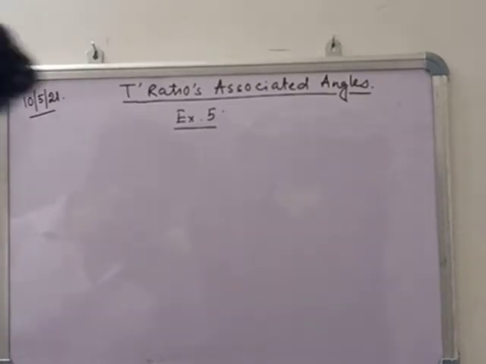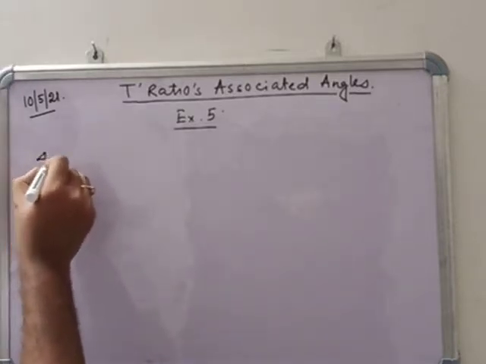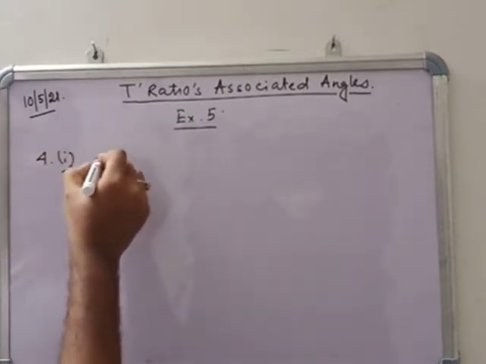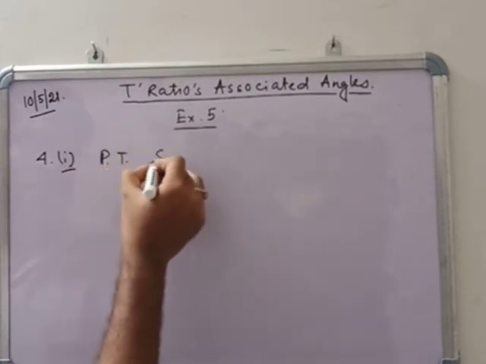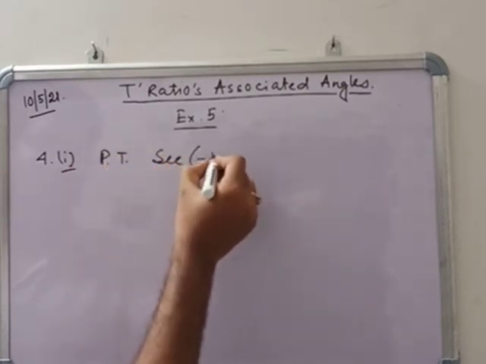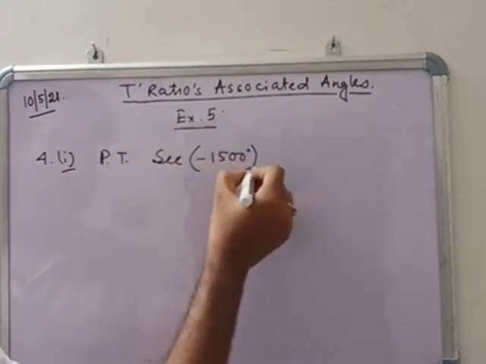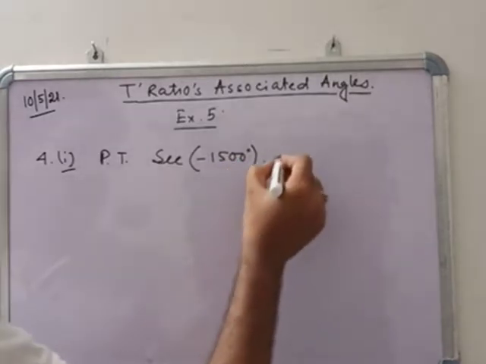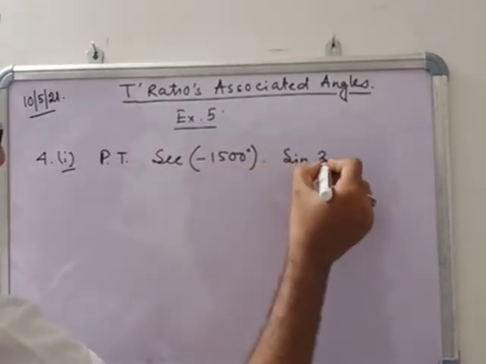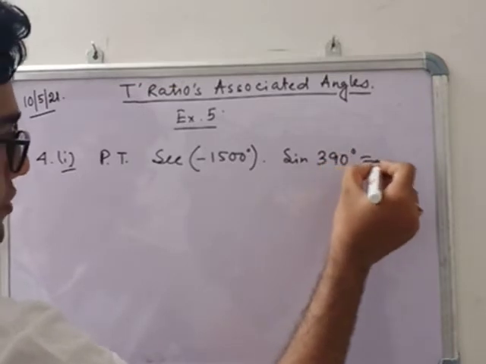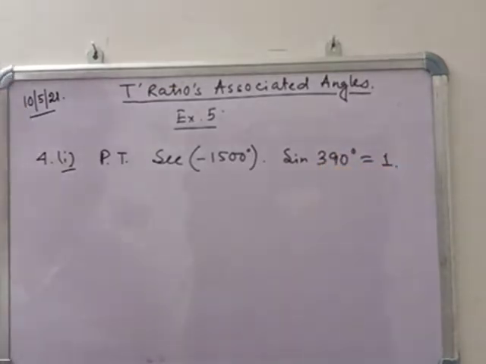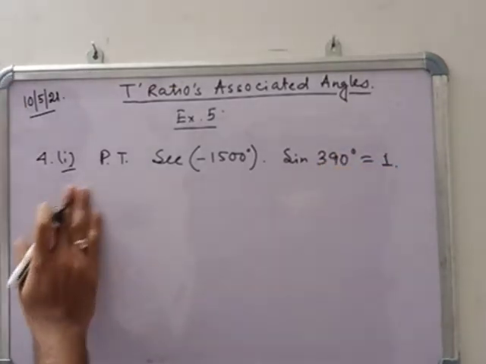Now in 4A1, prove that sec of minus 1500 degrees into sine 390 degrees equals 1.